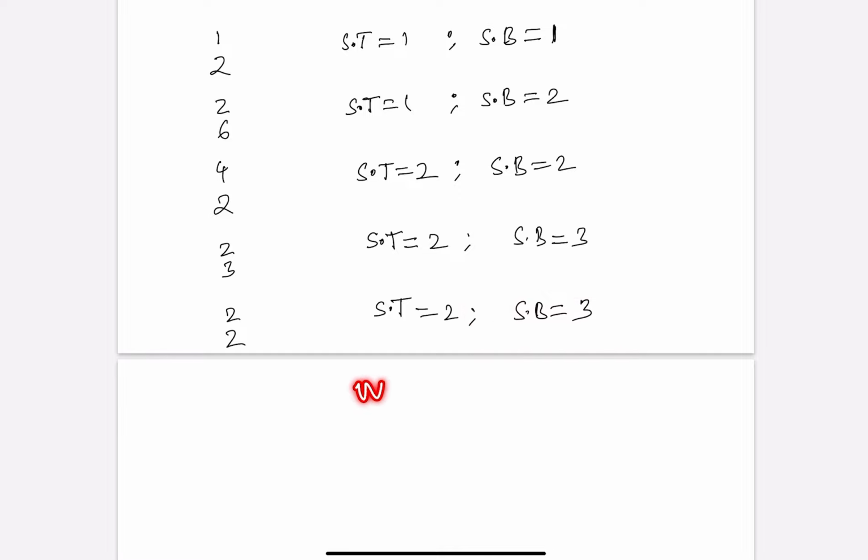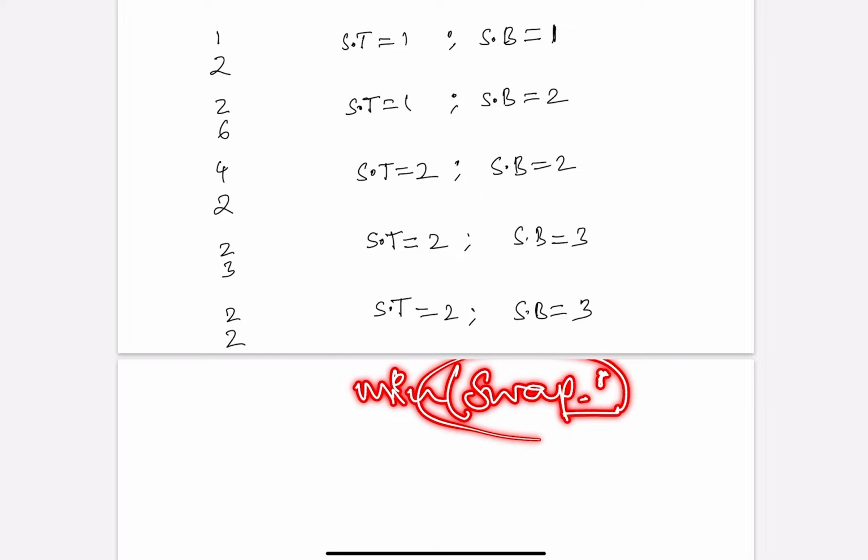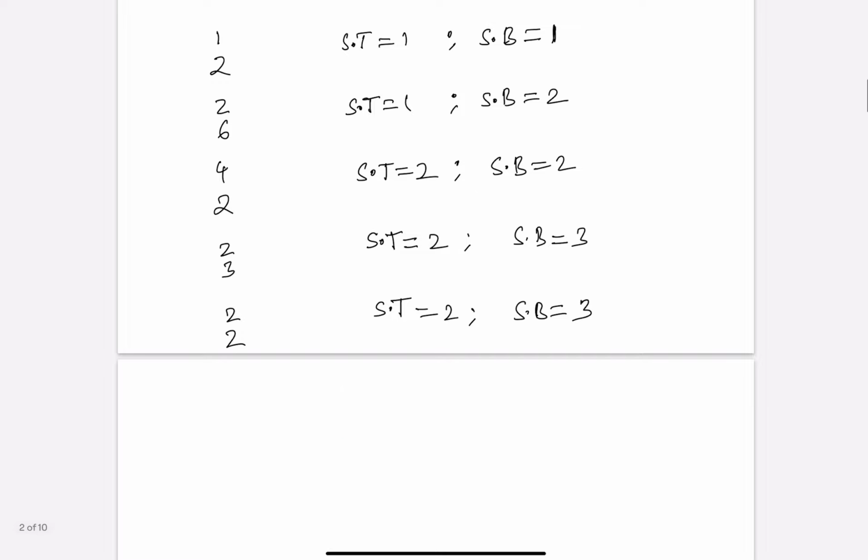So we have to return the minimum swaps. So our answer is 2. And we similarly check for x equal to 3, we check for 4, we check for 5, and we check for 6.